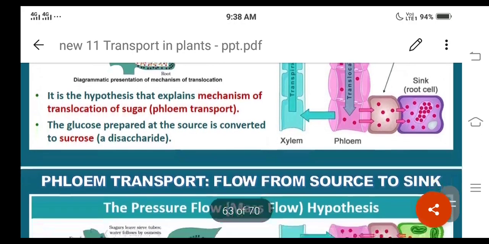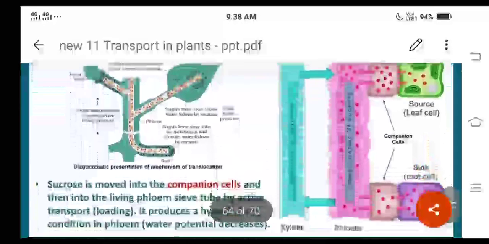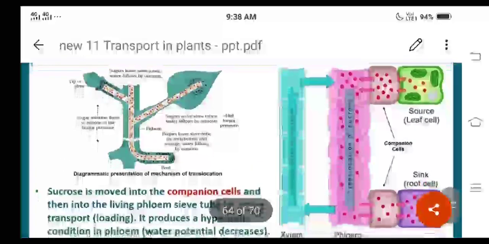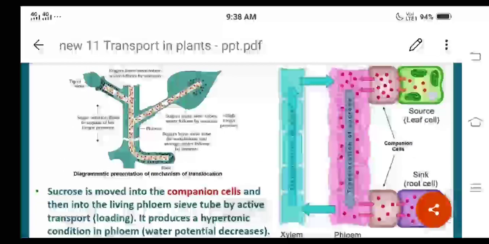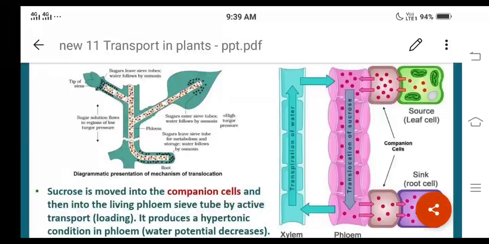Then sucrose is moved into the companion cells. After conversion, the sucrose itself will move into the companion cells. You have already studied the companion cells: next to the sieve tube, specialized parenchyma cells are present, and they are called the companion cells.